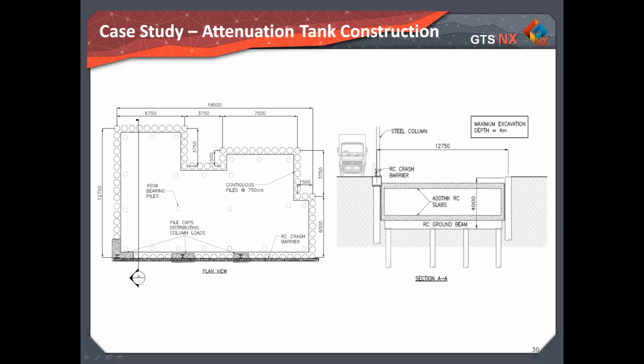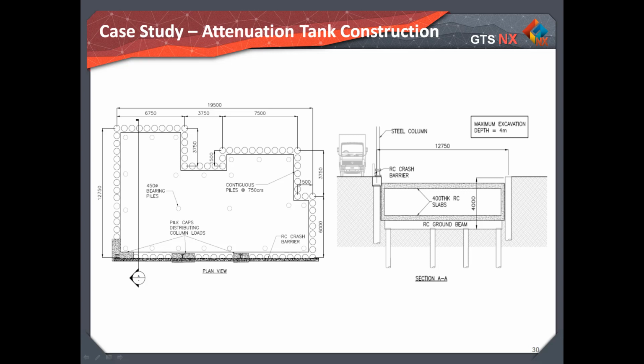This slide shows the simplified details of the problem I used for the modeling. The left-hand side is a simplified extract from the structural drawings indicating the 600 diameter contiguous piles at 750 centers, and the 3 steel columns and 5 caps to one side of the tank only.